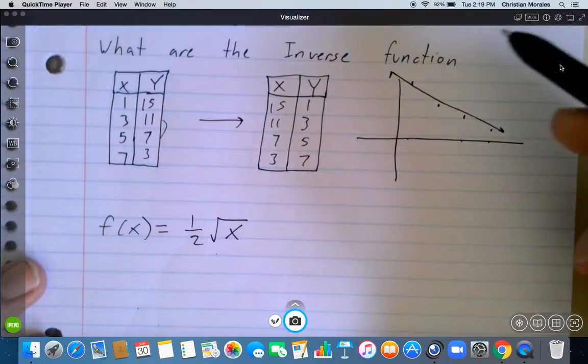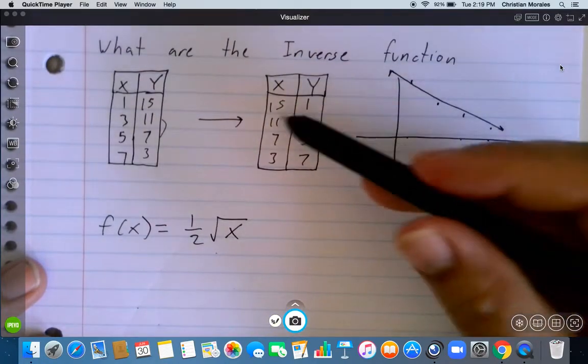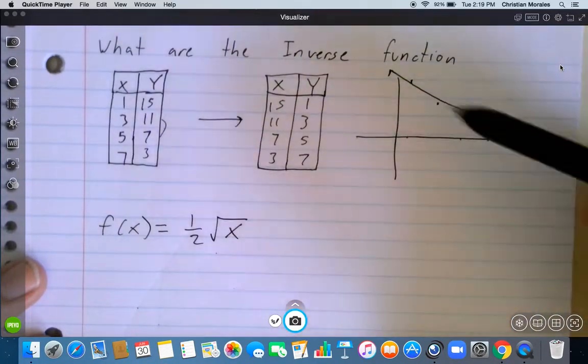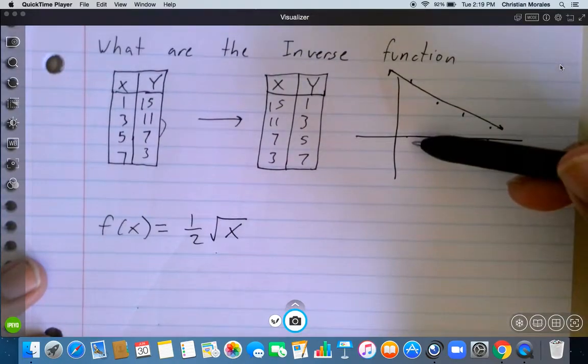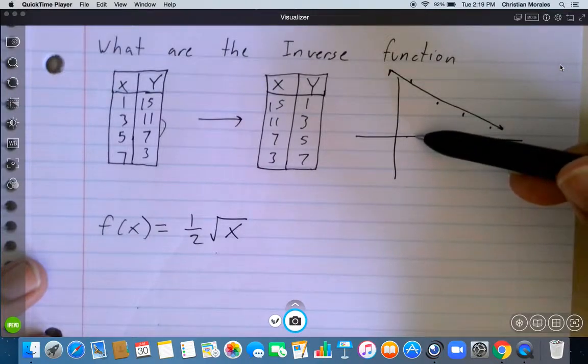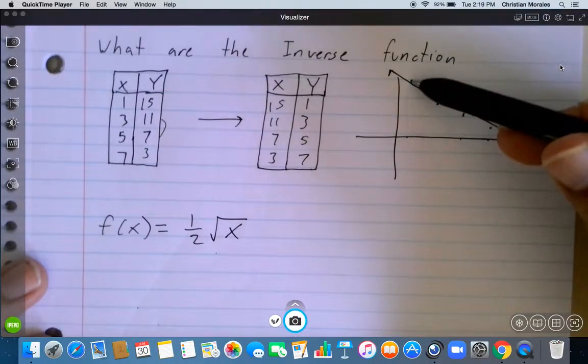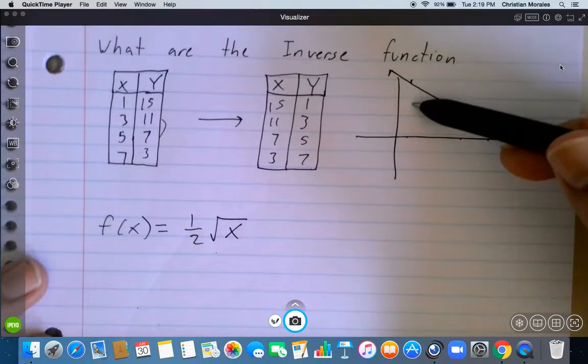But now, if we do this, right, and you take all these points, when you get to 3, which would be, let's see, down over here, 3, you're at 7, so 3, 7, somewhere over here, right?